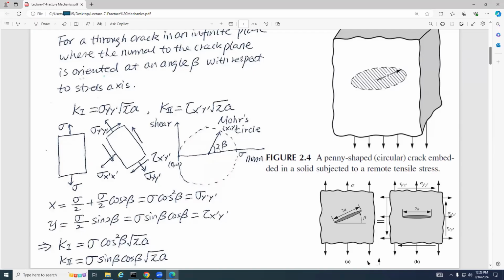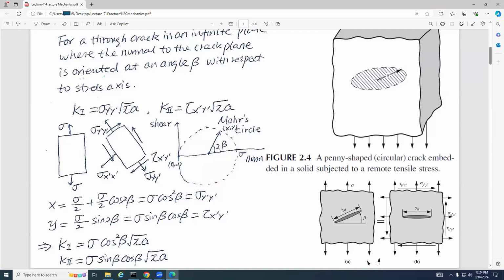Or here, you can see this is my sigma. But suppose this sigma is not perpendicular to the crack face. What should you do? You should calculate the new normal stress and the new shear stress.